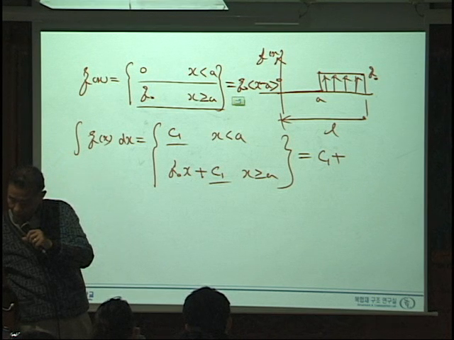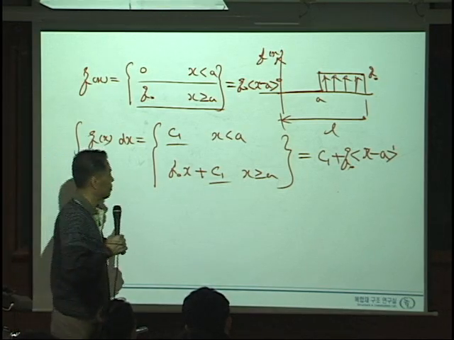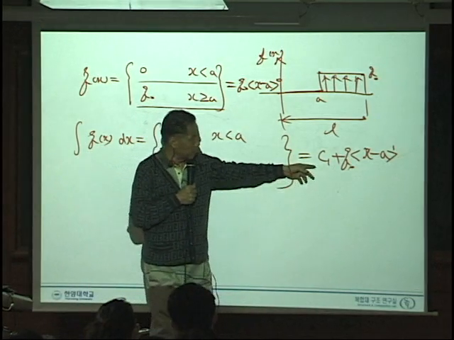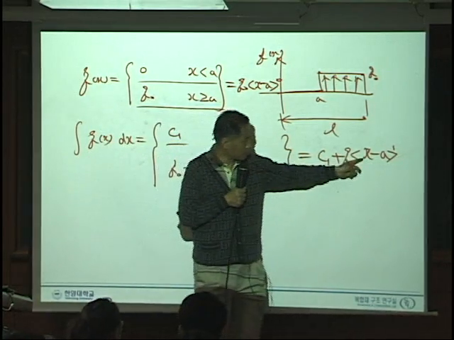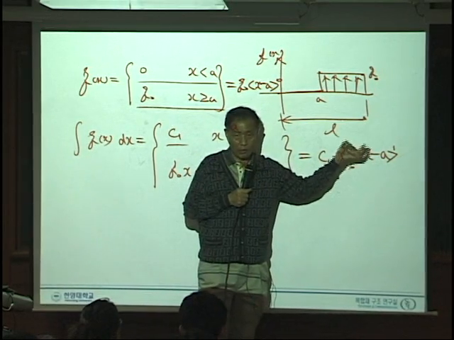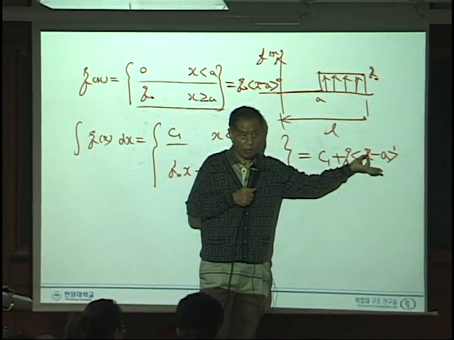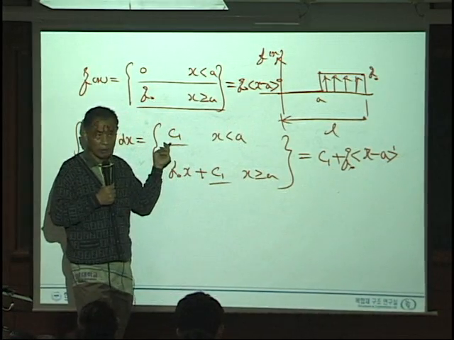And then this Q0 will be just (x minus a) to the power 1 times Q0. Okay, let's check it out. Now, if x is less than a, this will be 0, right? And so what? C1, only C1.